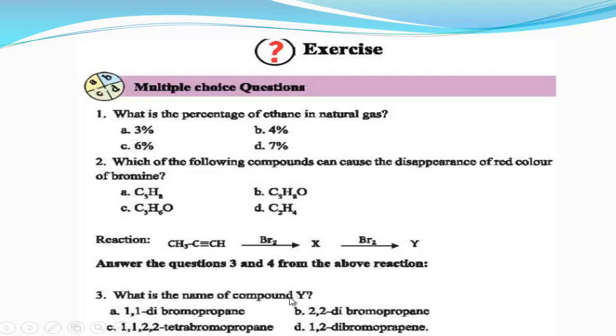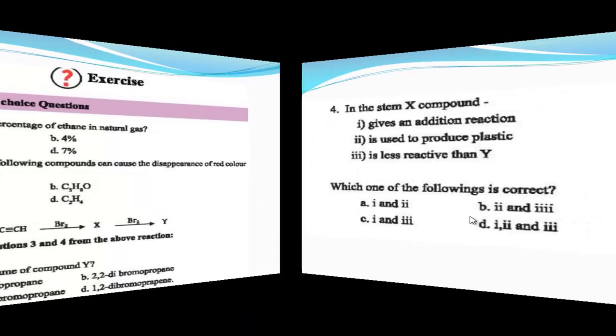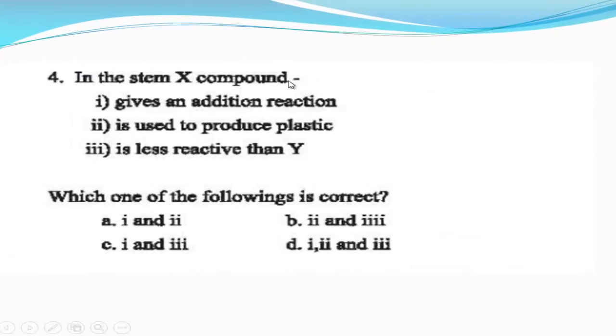So what is the name of the compound Y? The name of the compound Y will be 1,1,2,2-tetrabromopropane.